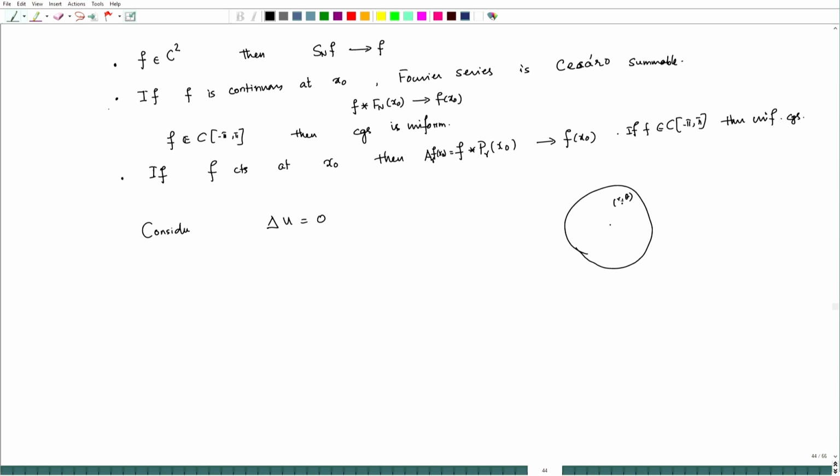So, I am looking for a solution in this region, and the boundary value is given: as you can see, u is a function of r and theta, so u of 1 theta is equal to f of theta. So, this is our problem with the Dirichlet boundary condition.